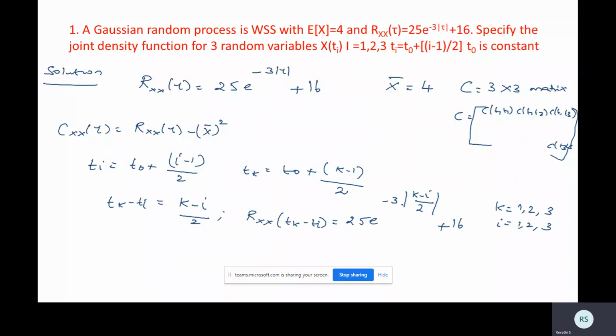Please understand that here you have a modulus. Therefore, k equal to 2, i equal to 1 is the same as k equal to 1 and i equal to 2, because the modulus of plus a equals the modulus of minus a. So remember that. Therefore, we can write it one by one as a step. You have Rxx of Tk minus Ti given by this.